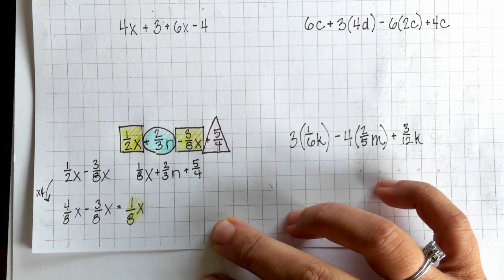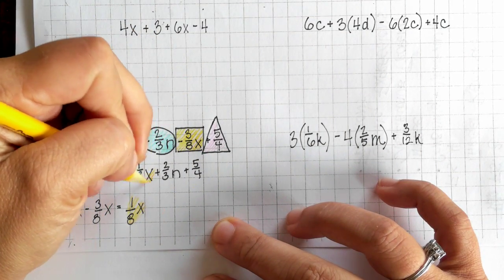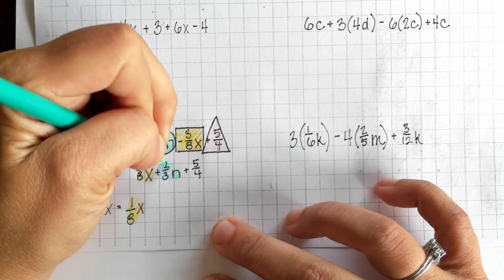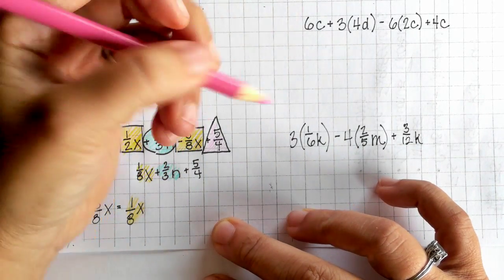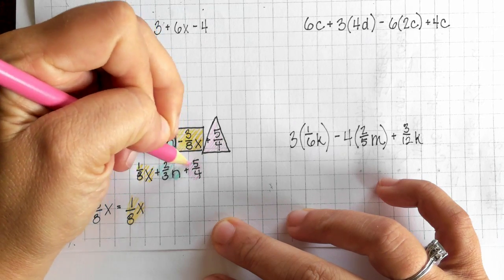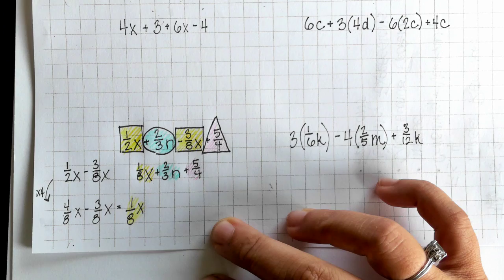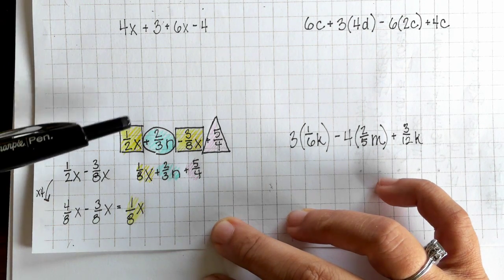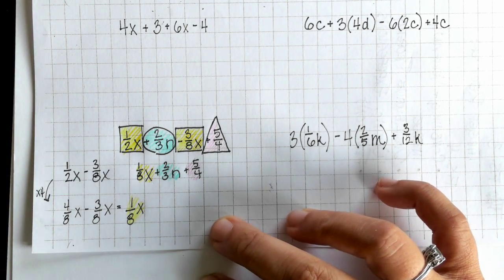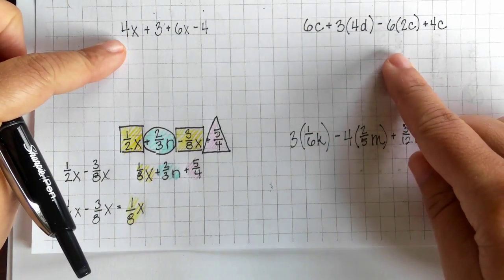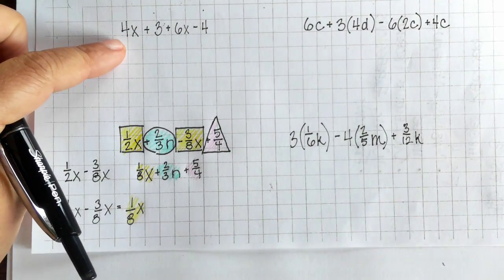I cannot combine anything else because they are all different terms. And you can go back and find a value for n and a value for x, and substitute those in and see if this is equivalent to this. If you'd like to see how to do that, you can go back to the first video that I was working on through here, and I showed you how to do that.